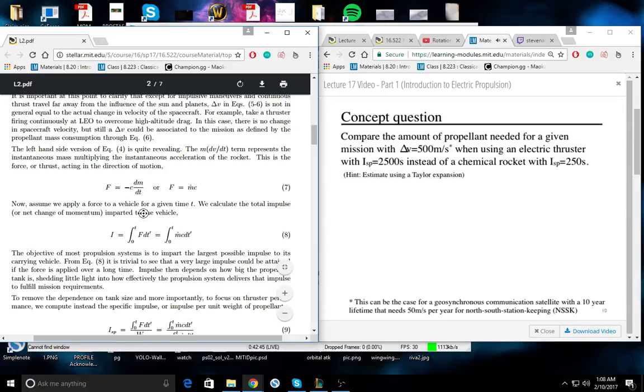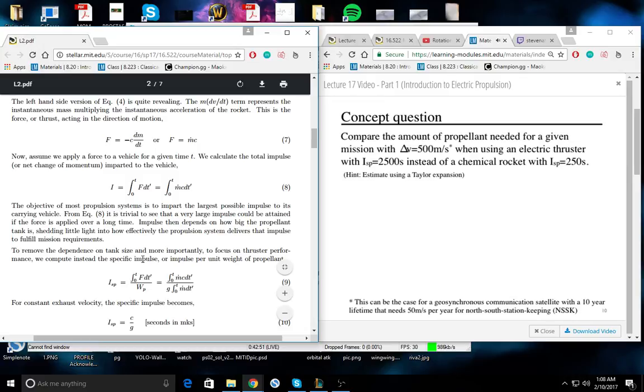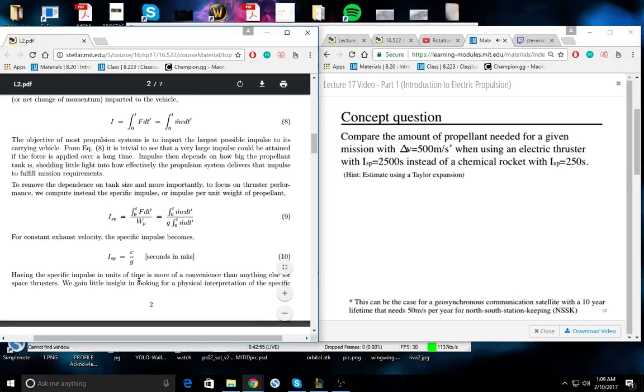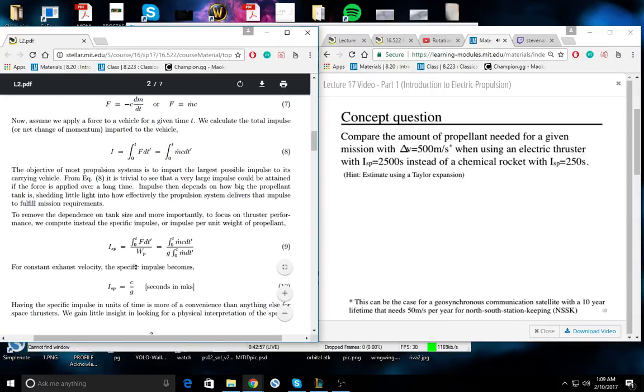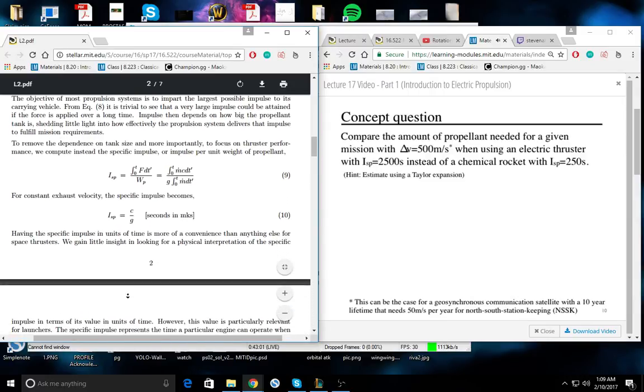Okay, most of you got it right. The propellant mass savings are a factor of 10, and it's much better in that sense to use electric propulsion systems than chemical rockets. Anyone want to tell me how they came to that conclusion?